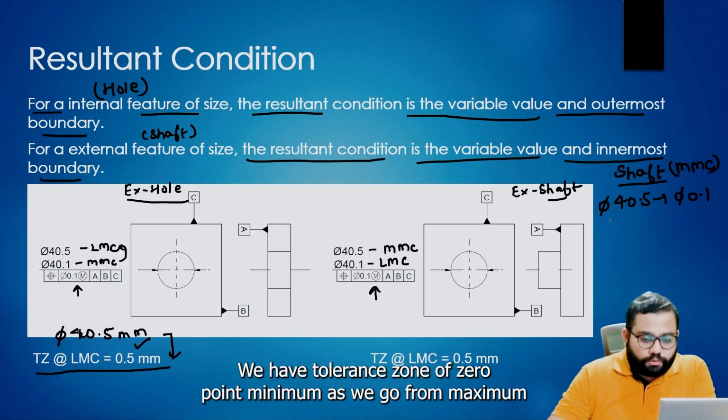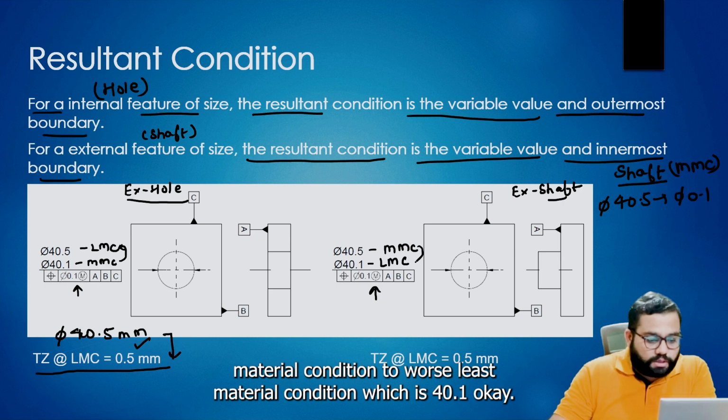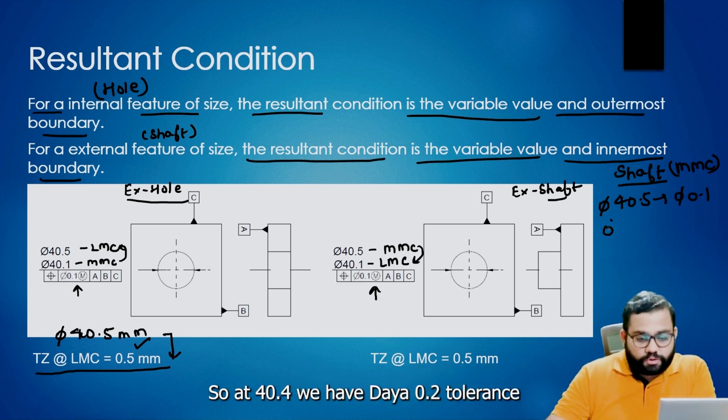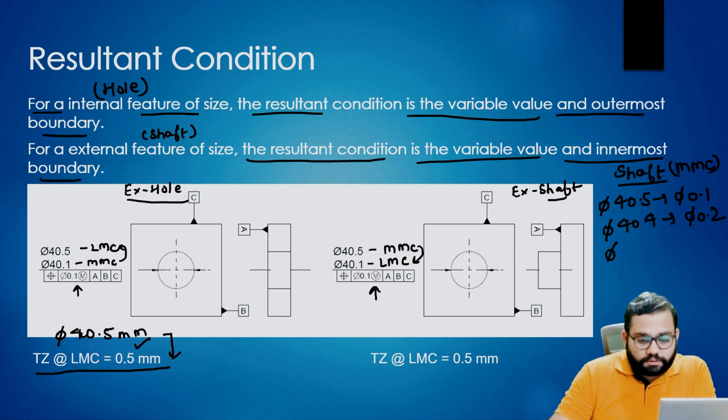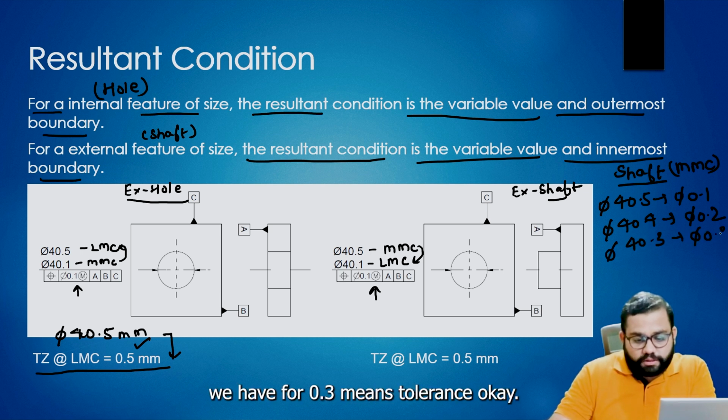As we go from maximum material condition towards least material condition, which is dia 40.1, at 40.4 we have dia 0.2 mm tolerance. At dia 40.3 we have 0.3 mm of tolerance, and at dia 40.2 we have 0.4 mm.